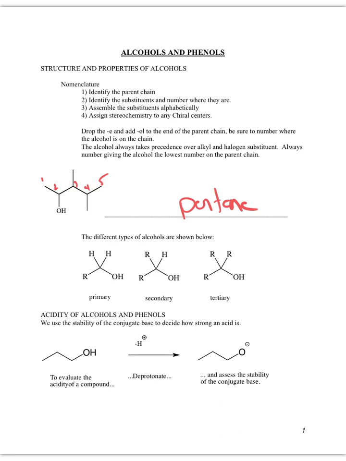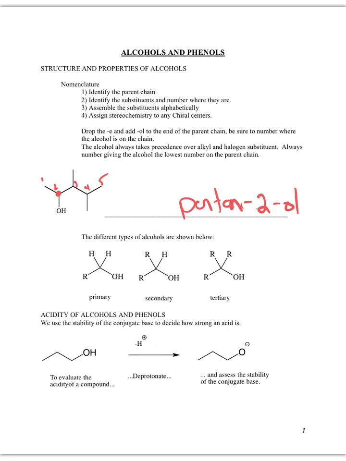We drop the E and add OL, and we can either put the number of it out in front of the pentane, or we can put it in between the pentane all. So the new way of doing it is preferring to put the number here. So the alcohol is on carbon 2, so we drop the E and add OL, so it's pentan-2-ol.